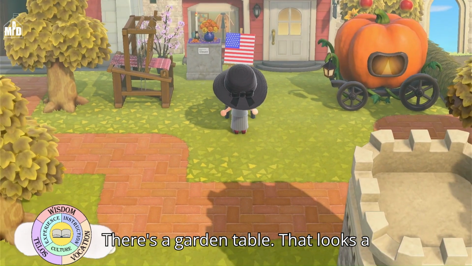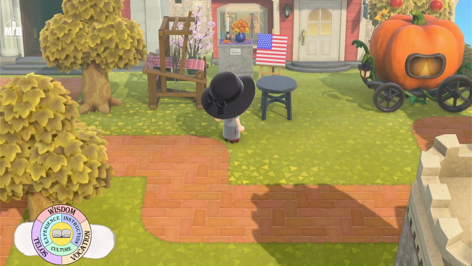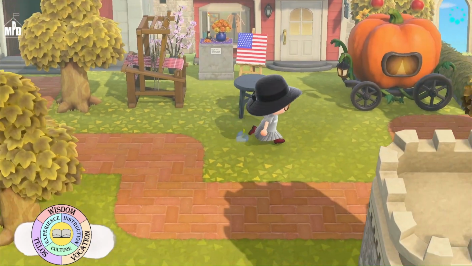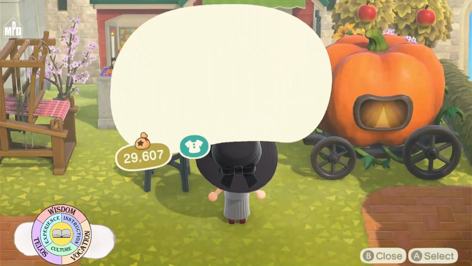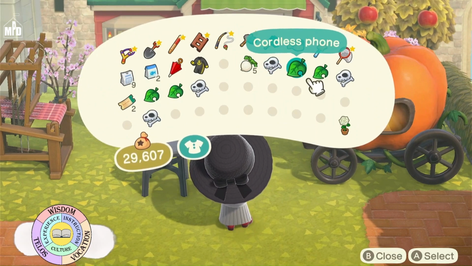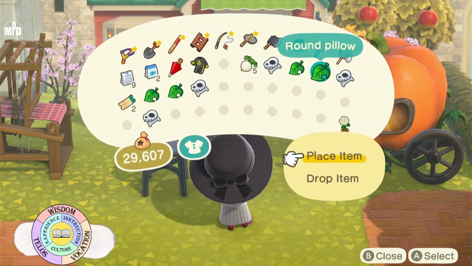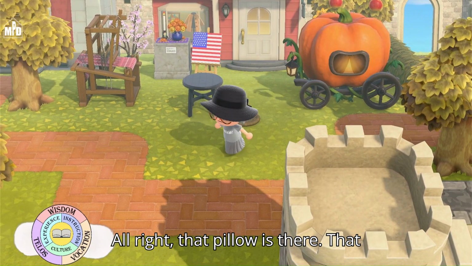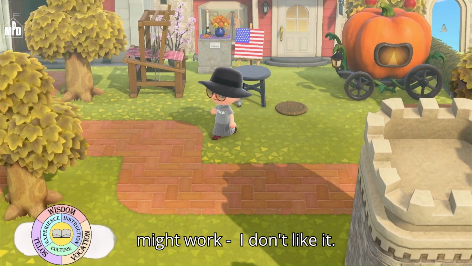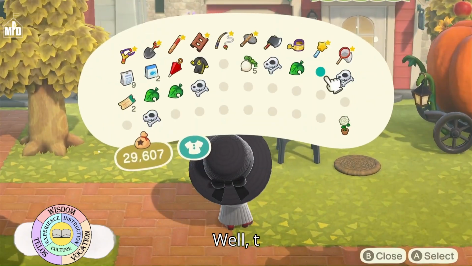The diner chair very much reminds me of New York. Okay, there's the garden table. That looks a little big. All right, that pillow is there. That might work. I don't like it, though.